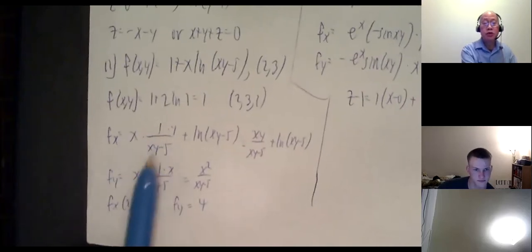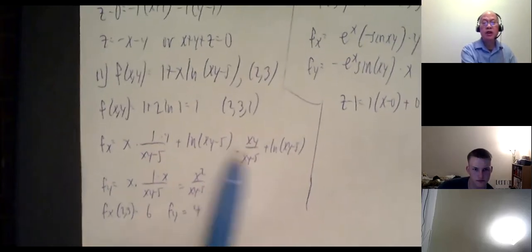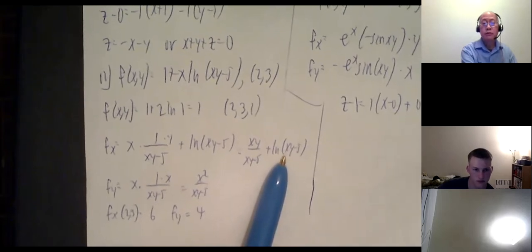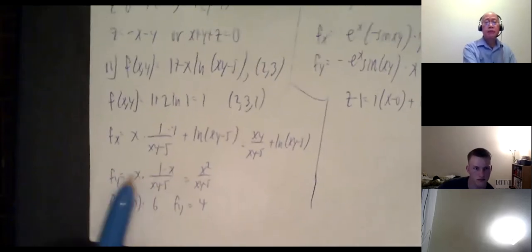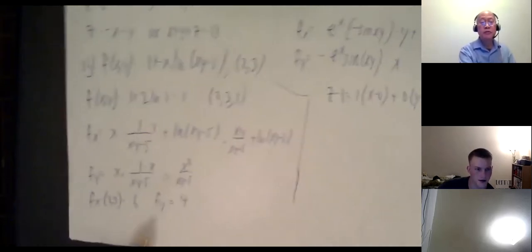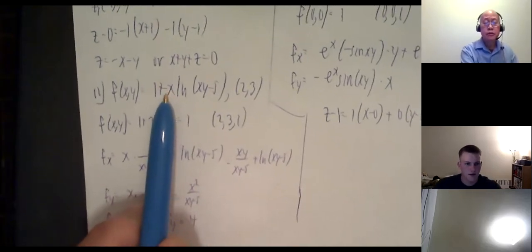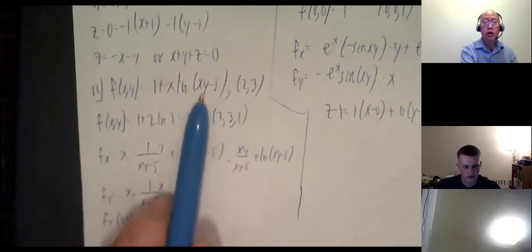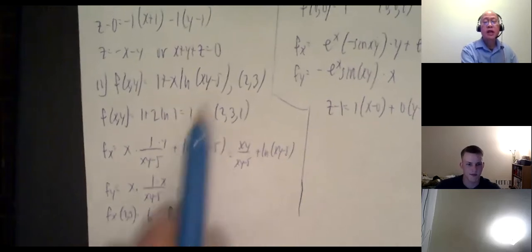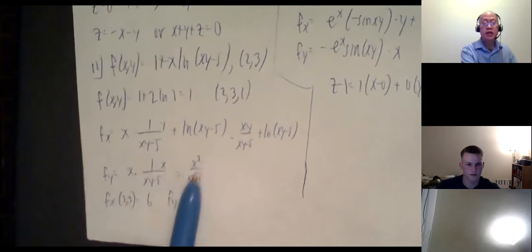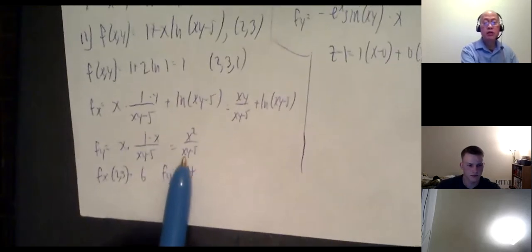So that's x times y over xy minus 5 plus ln of xy minus 5. And partial with respect to y is a little bit easier because then x is a constant. So I just go x times 1 over xy minus 5 times the derivative with respect to y, which is just going to be x. So x times x is x squared. So x squared over xy minus 5.